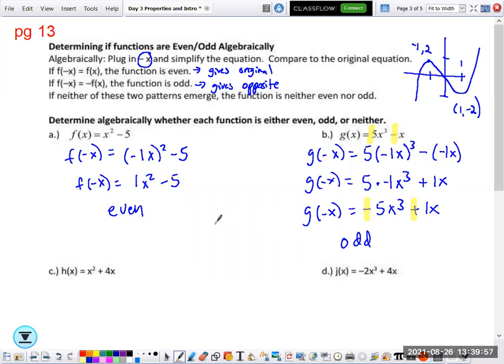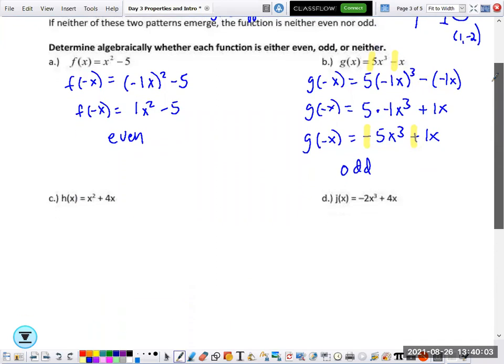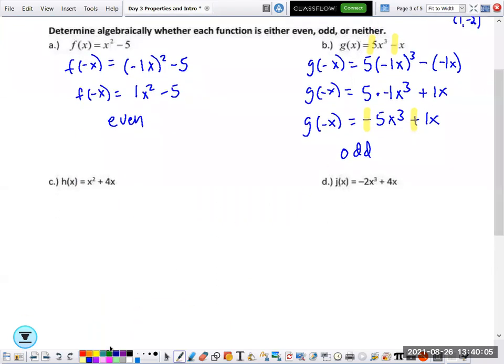All right, go ahead and try to plug in negative x for letter C and unpause the video when you're done. Okay, hopefully you did letter C on your own and you're like, wait a second, this is weird.